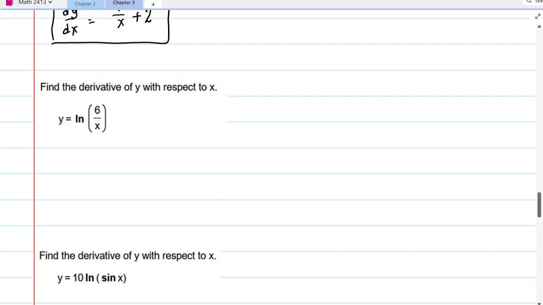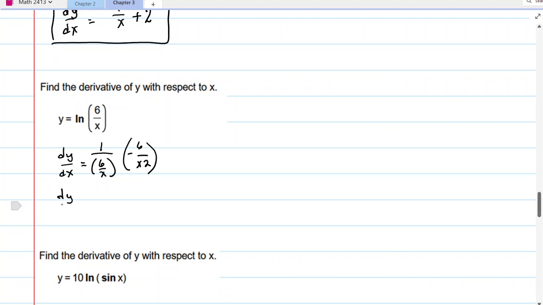Hey, now here we have an x in the denominator. That's going to be interesting. So we're going to have dy/dx equals 1 over that times the derivative of 1 over x, so that would make it negative 6 over x squared. Now we're going to clean up this mess.